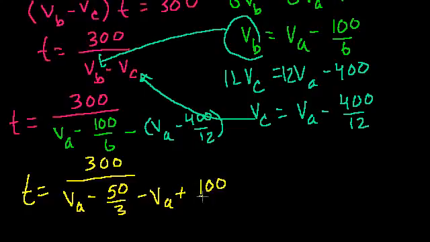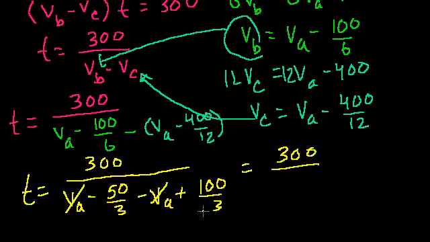Plus 100 over 3. These two cancel out, VA minus VA. So then we're left with T is equal to 300 over 100 over 3 minus 50 over 3, right? Or I could say minus 50 over 3 plus 100 over 3. But either way, minus 50 over 3 plus 100 over 3 is just 50 over 3, right? Did I do that right?